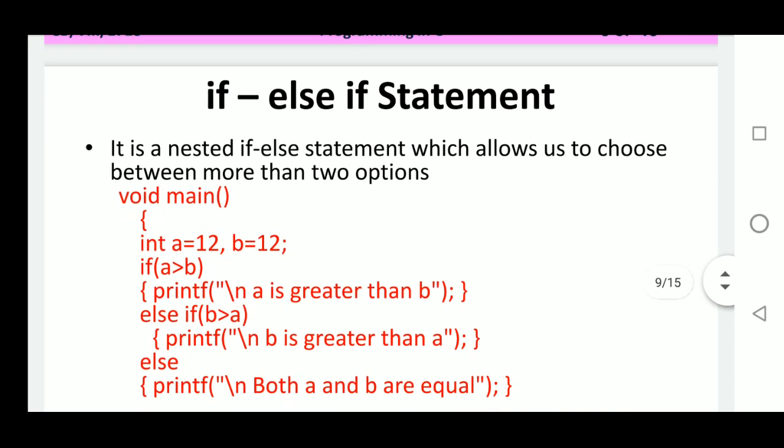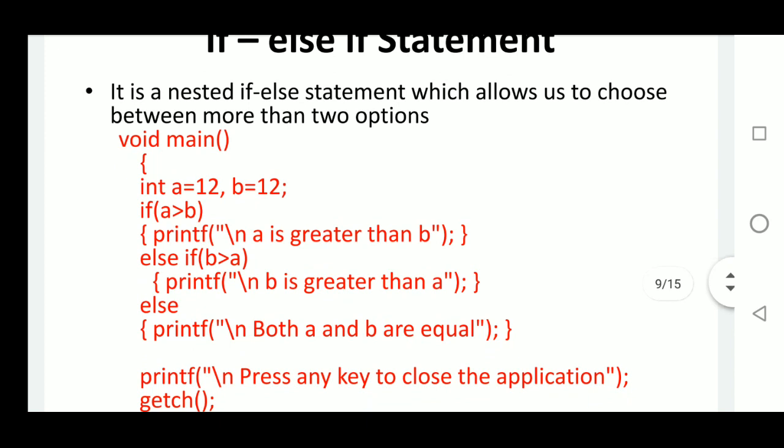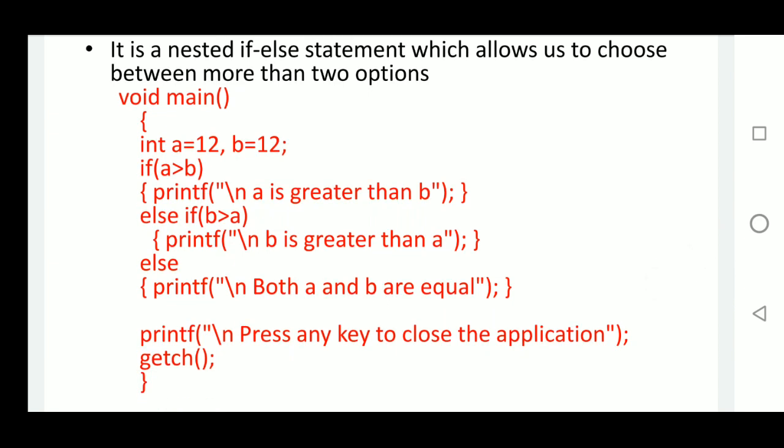Okay, the if else if statement. In this we are able to make multiple conditions. In if we have only one condition, in if else we have only two, but in if else if we have multiple conditions. Like the first condition is of if, the second is of else if, and the third is of else.